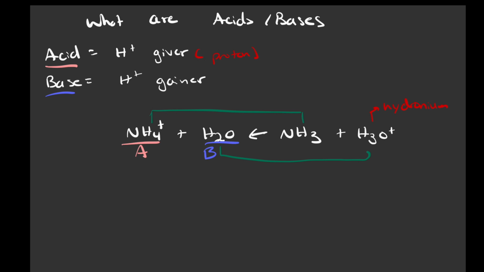We can see that H3O plus, or hydronium, has to lose a hydrogen, so this is our acid, and NH3 has to gain a hydrogen, right? So that means that this one's going to be our base. And so when we unflip our reaction arrow, we can say that this is actually just going to be our conjugate base and conjugate acid.